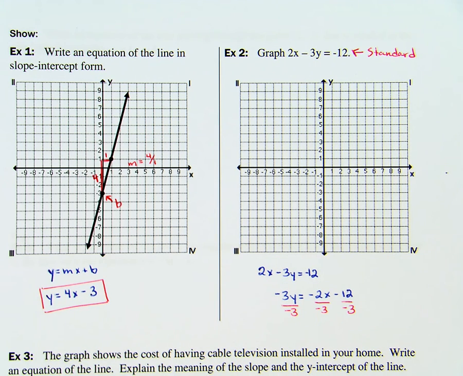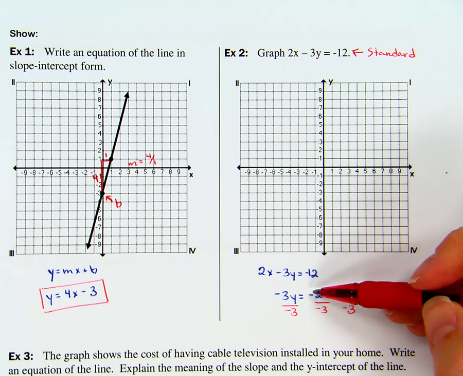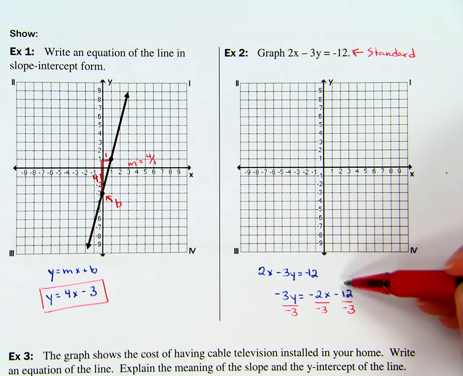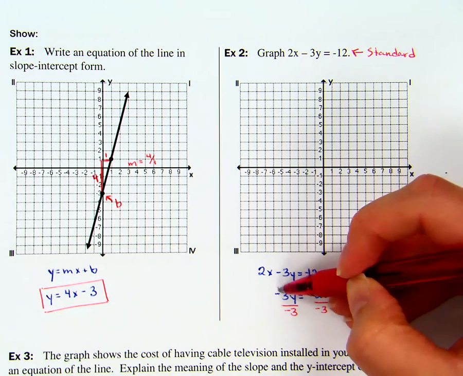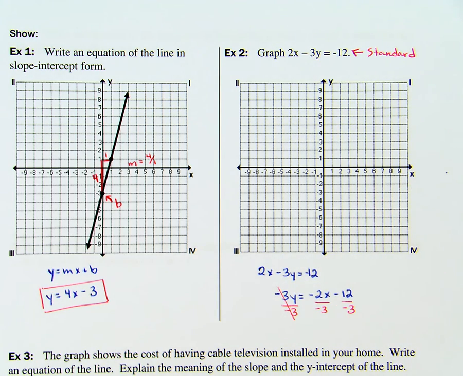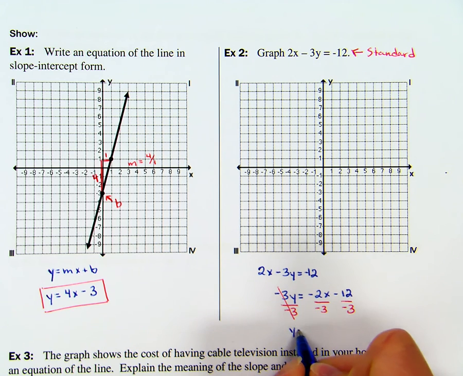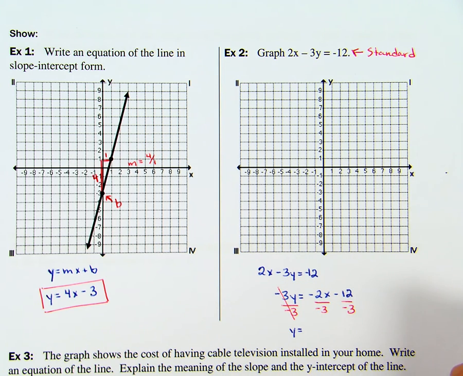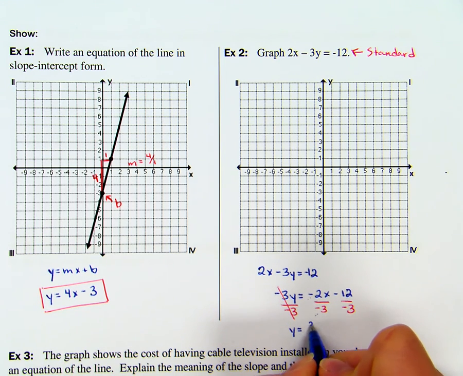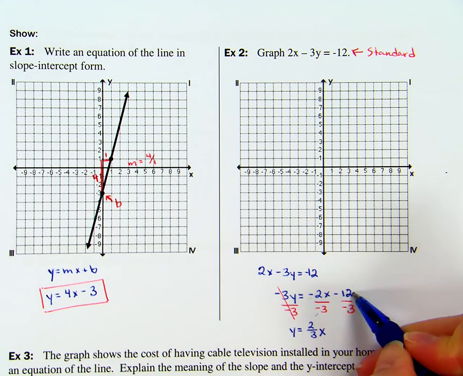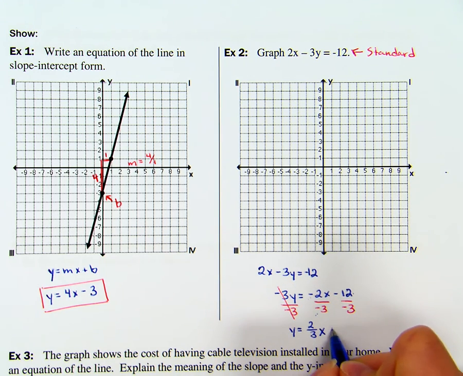We want to keep our equation balanced, so we need to make sure we divide both the 2x and the 12. Doing so, we'll find on the left-hand side the -3's cancel. On the right-hand side, we've got negatives canceling here, leaving us with 2/3 x. And then the -12 divided by the -3 will get a 4.